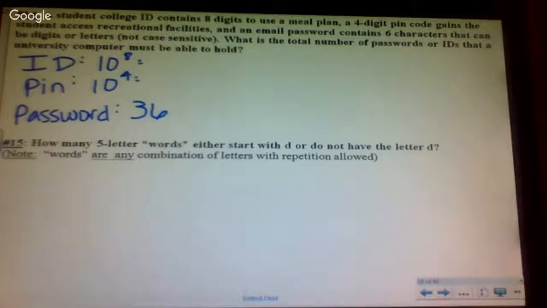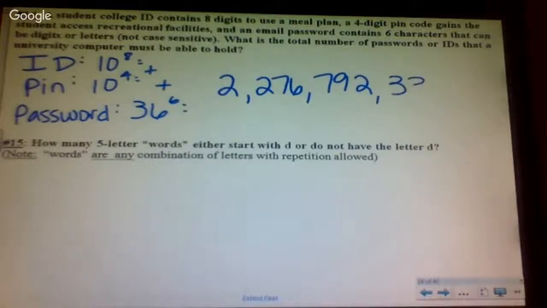How many spaces do I have to fill in for that? 6. So we raise it to the 6th. You would get those 3 answers and add all 3 of them up. 2,792,336. That's a lot of memory for a computer to hold.